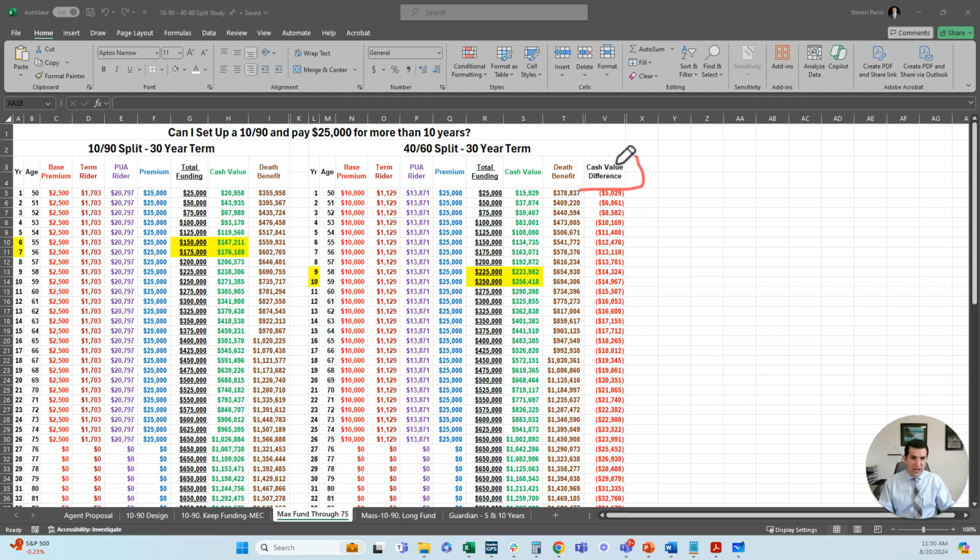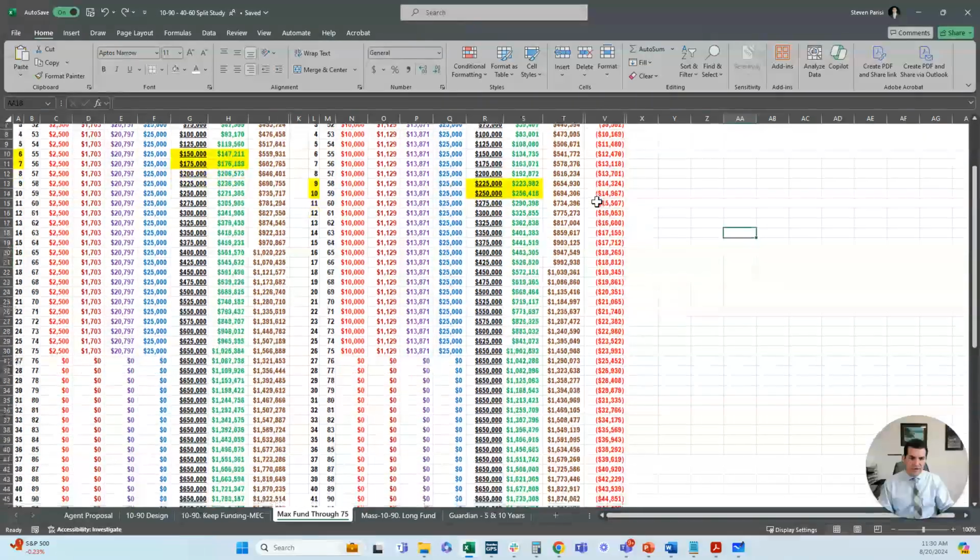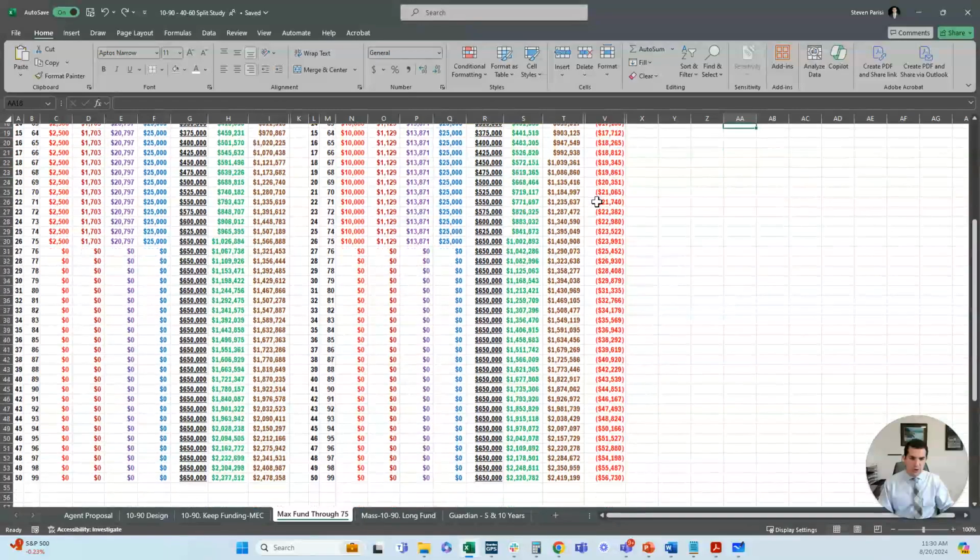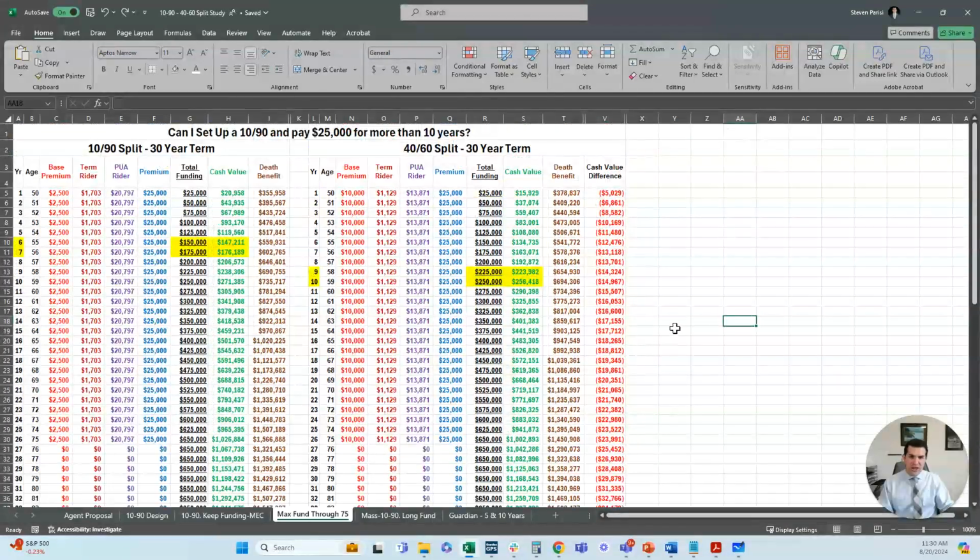This is showing us how much more or less we have with the 40/60 compared to the 1090 split. We've got less from start to finish. Do we ever see more money with that 40/60? No, we do not. And we've pumped the same dollar amount in with the exact same company and product.